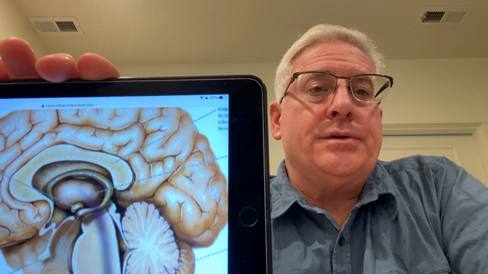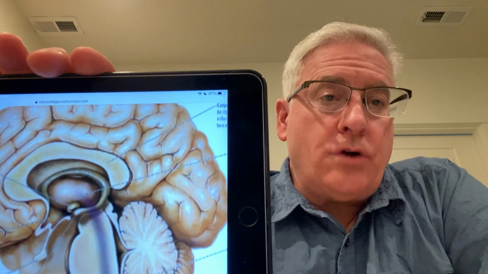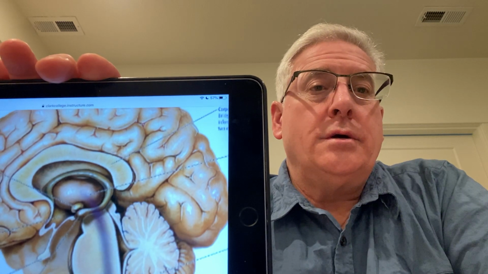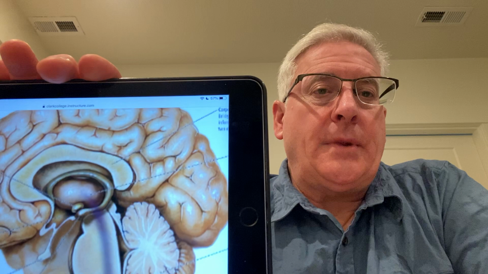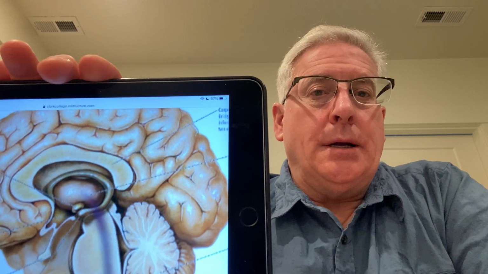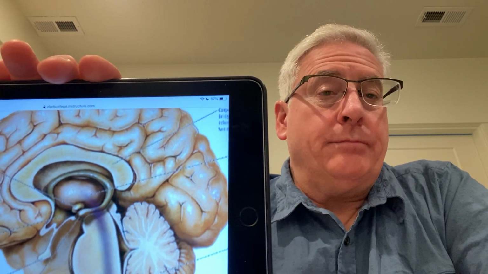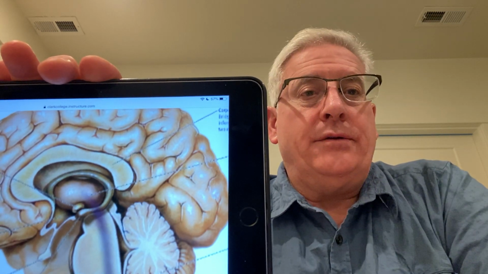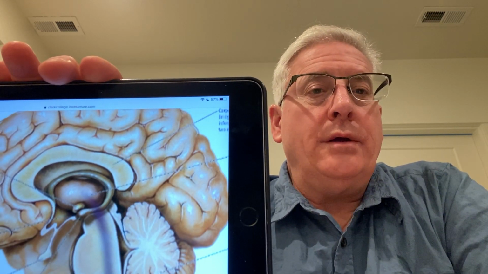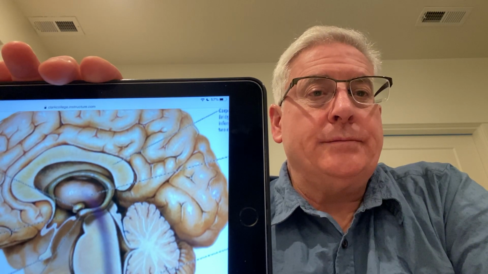So the hypothalamus really is the brain structure that's in charge of the endocrine system. And the pituitary gland is the master gland. It tells other glands what to do, but only from the direction of the hypothalamus.